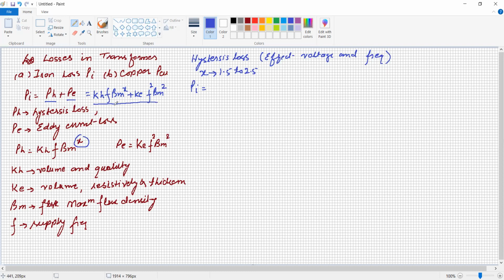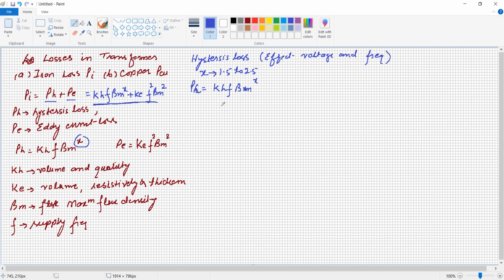We want to examine the effect of voltage and the effect of frequency. First we will take the hysteresis loss only. PH is equal to KH F BM raised to X. This is our equation for the hysteresis loss.